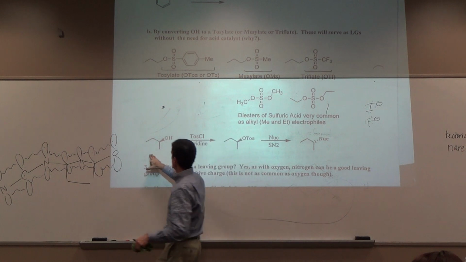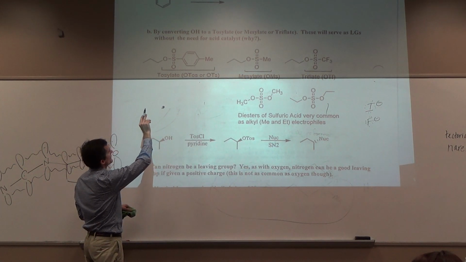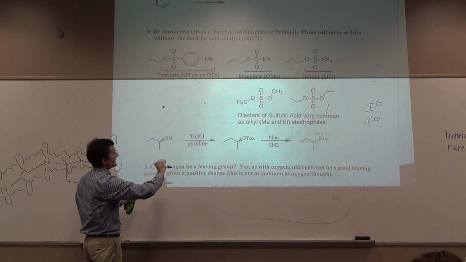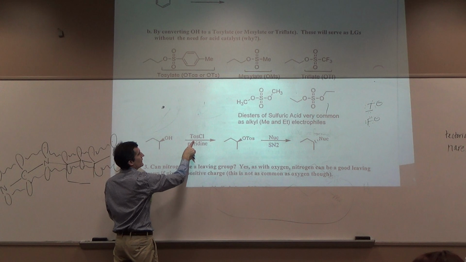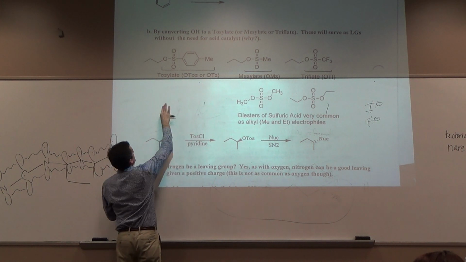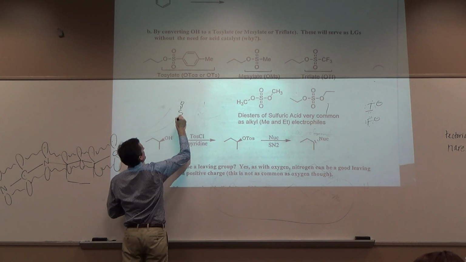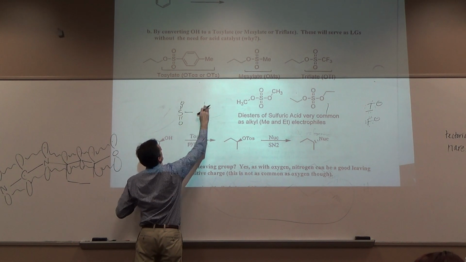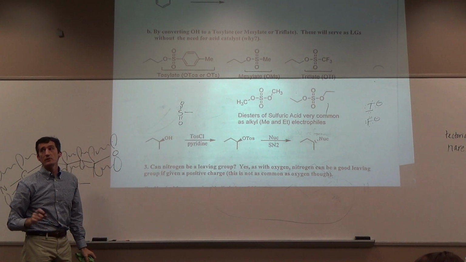Here's an alcohol. I've got a chiral alcohol. These are formed by reacting with tosyl chloride. Everything's the same up there. Okay, I'm about to blow your mind.